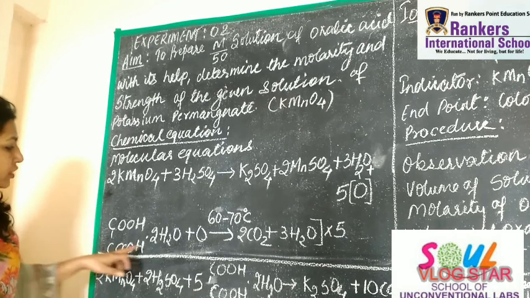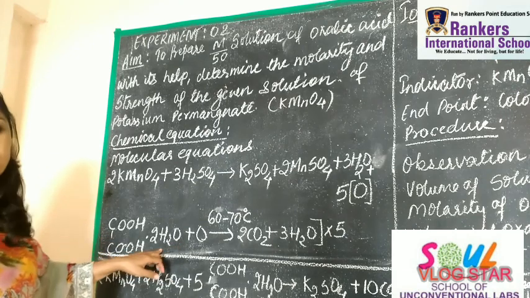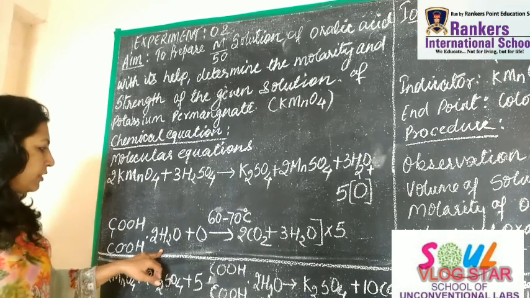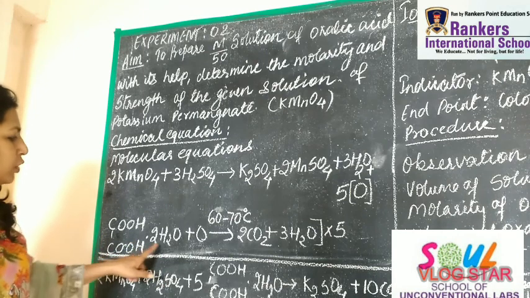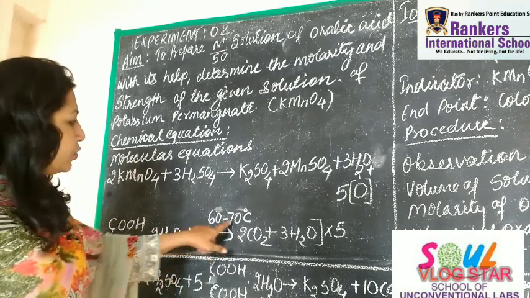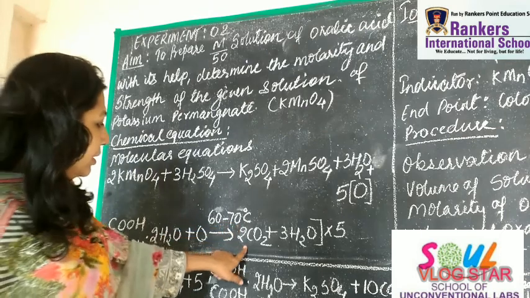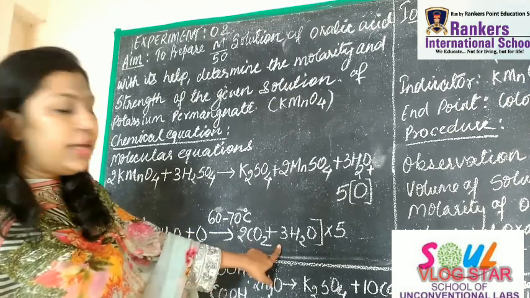(COOH)2 dot 2H2O, this is oxalic acid with two molecules of water of crystallization. (COOH)2 dot 2H2O plus O, you have to heat it at 60 to 70 degrees Celsius, it gives 2CO2 plus 3H2O, into 5.